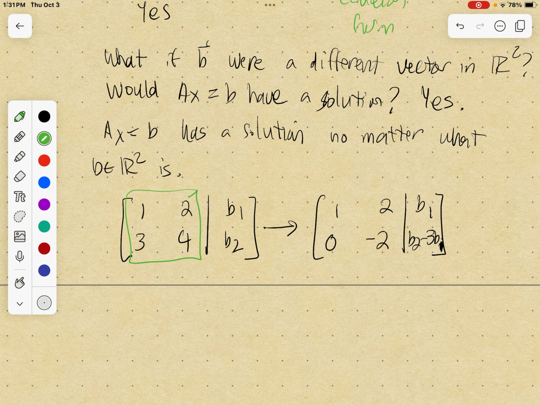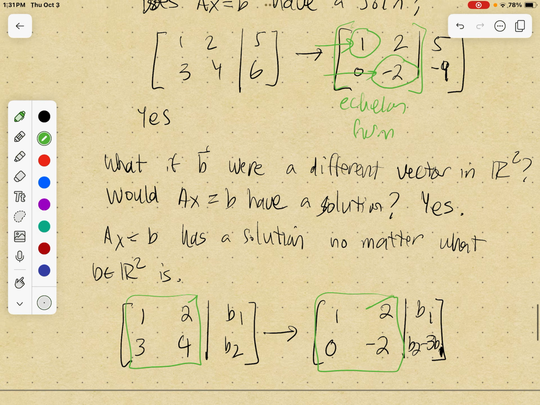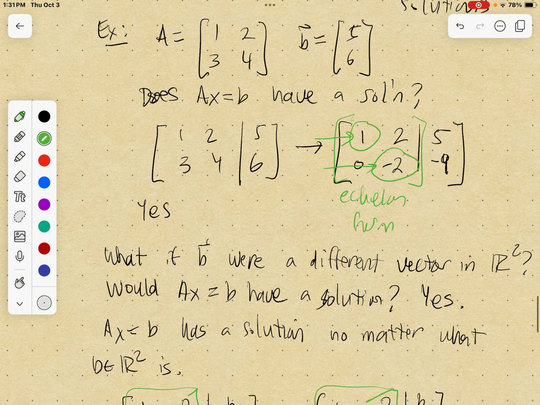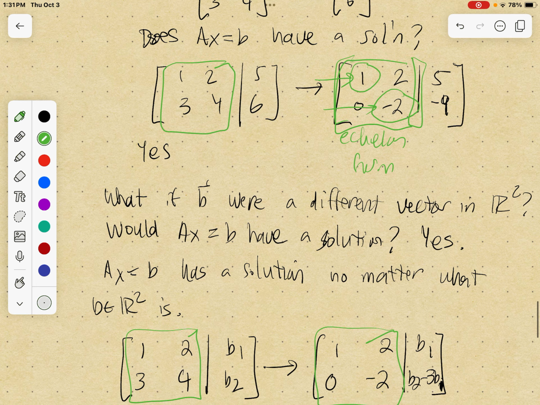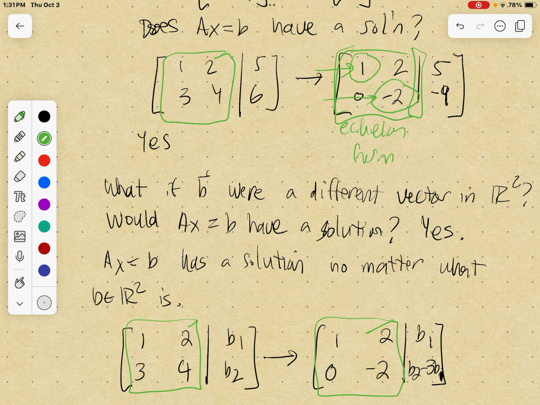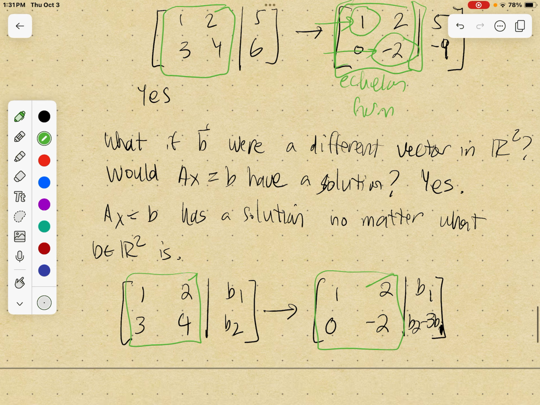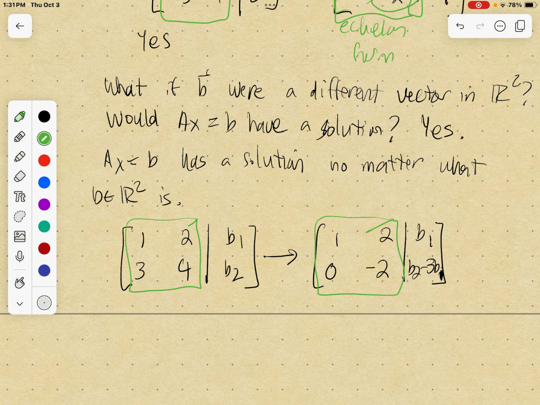So look at these coefficient matrices. They're the same as what I had in the previous example, because you're doing the same steps. So now you can see that it doesn't matter what B1 and B2 are, because you're going to get this.